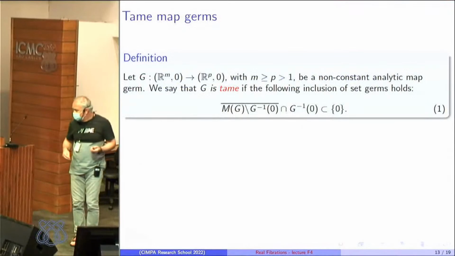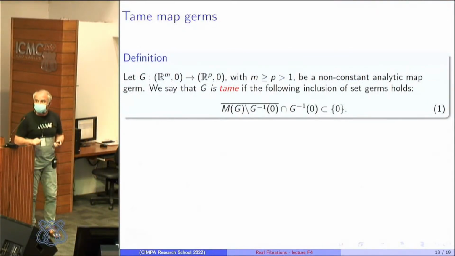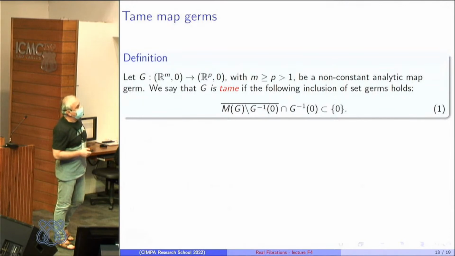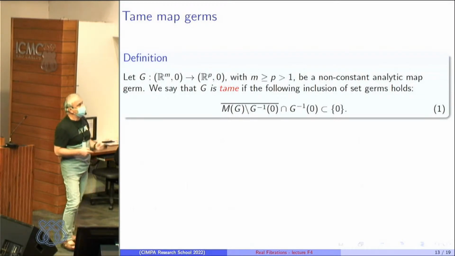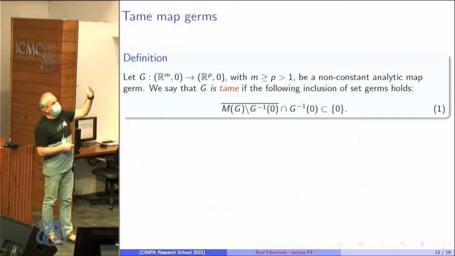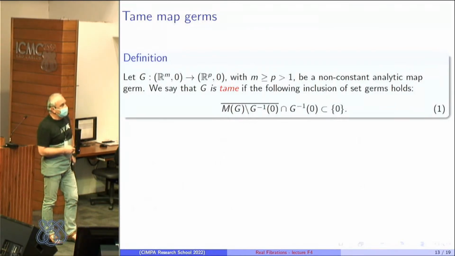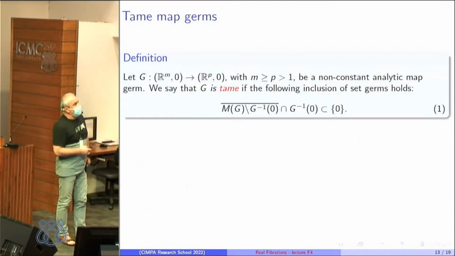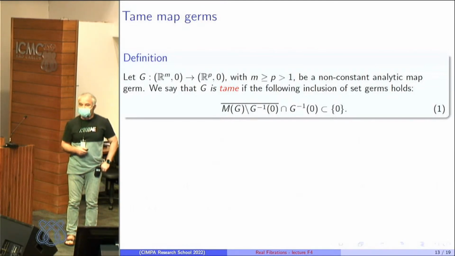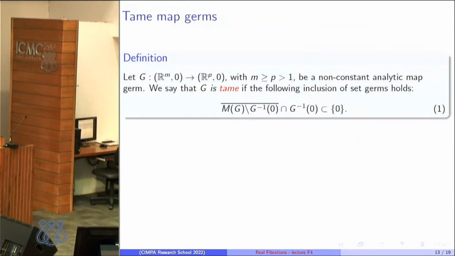So now the definition. Suppose that you have this function g. We already defined the stratwise Milnor set M of g, and we say that the mapping g is tame, this is the word tame, if we have this type of condition.